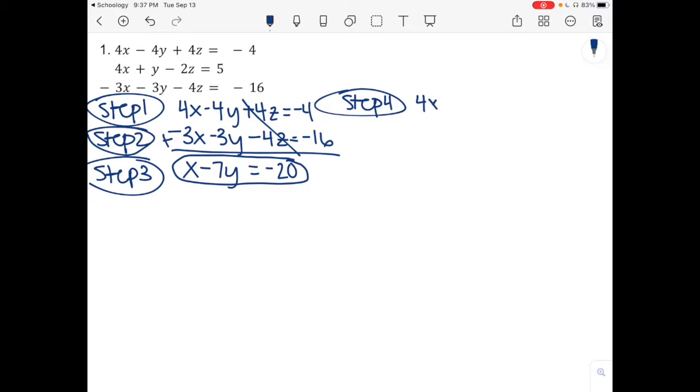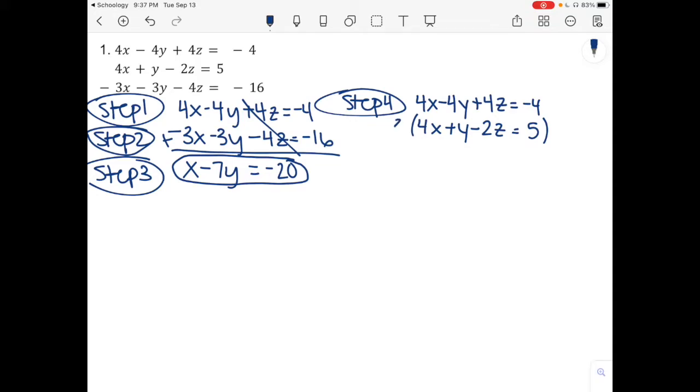So 4x minus 4y plus 4z equals negative 4. And then second, 4x plus y minus 2z equals 5. So I am going to have to do some multiplying. So step number 5 says add the two equations, which will leave you with another equation, but we're going to have to do some multiplying to do the eliminating.